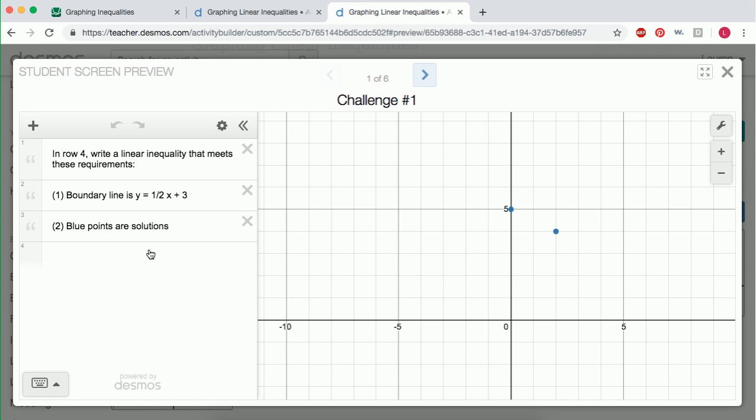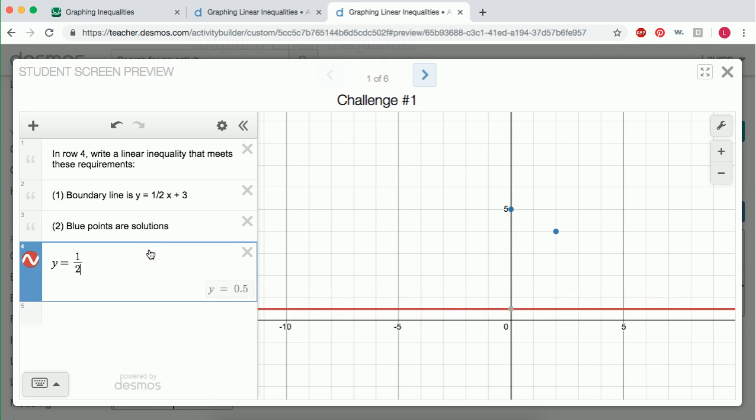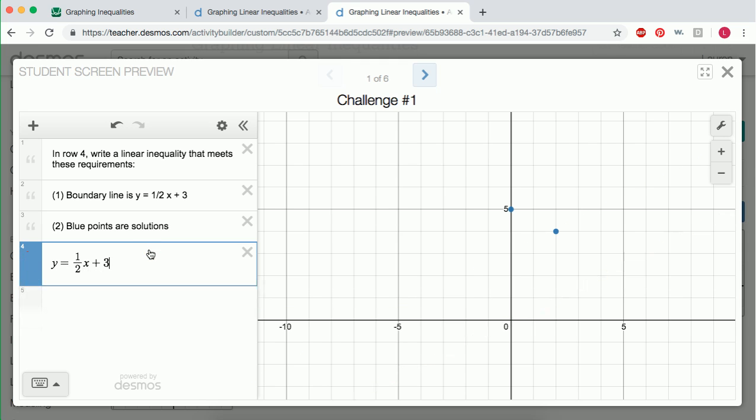Well, let's put in the boundary line and see where that puts us. So we see that one of the solutions is on the boundary line, and another one is above it. So we can just change what we wrote here so that the 2 blue points are solutions.